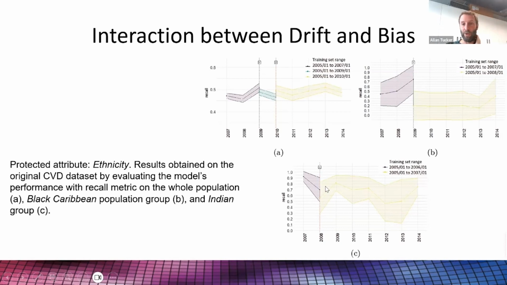With Indian, not so much a collapse, but a drift down, and the confidence intervals have become massively wider. So drift can happen in very different ways for these subpopulations, and it's really important that we identify those. This is something we're now working with the MHRA to do specifically when monitoring drift: to look not just at whether it's relatively stable over the entire population, but whether it's stable across all these subpopulations too.